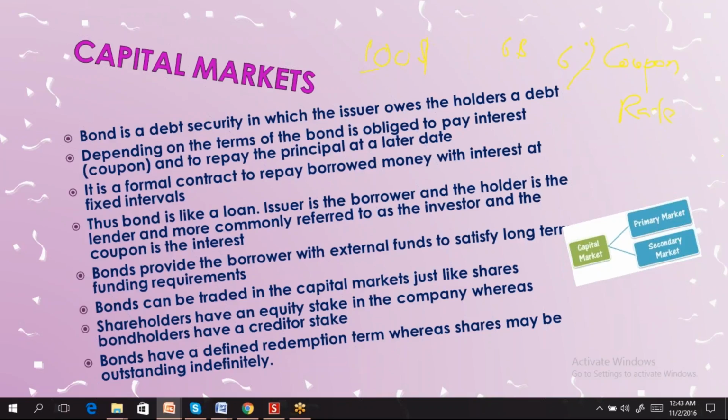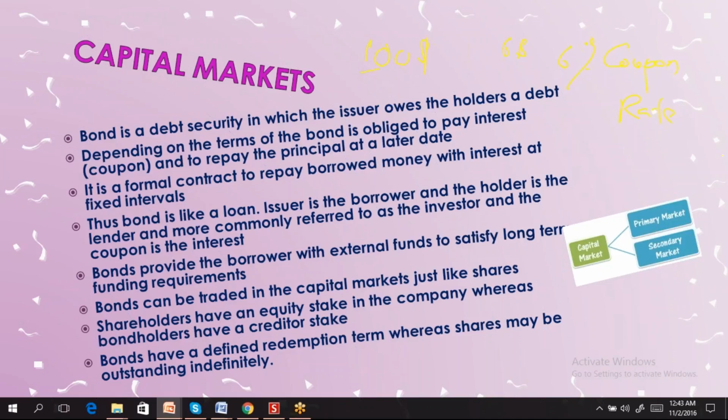So the bond is like a loan. The issuer is the company. They issue it, and you and I, we invest. So the issuer is the borrower, and we, the investor, are the holder. So whenever the examiner says the company is issuing, you have to remember the issuer is the lender.